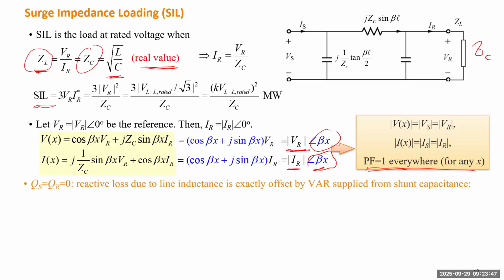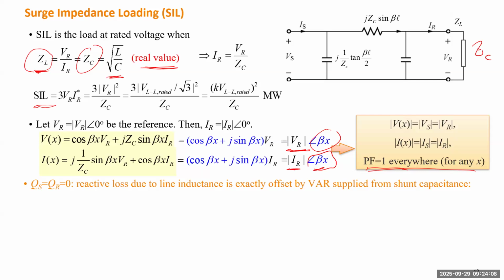But we can still utilize surge impedance load as an index to evaluate what the ideal load is for a specific line. If your actual load is higher than this load, you need to provide some reactive power. If it's lower than this load, you need to consume some reactive power.